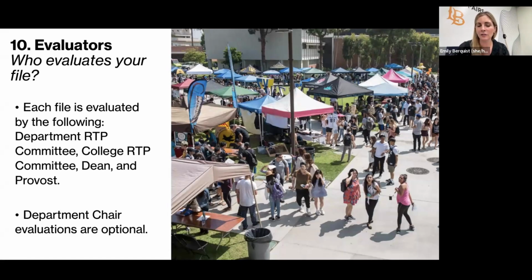But you may also have a situation, as we heard about the last time we did this workshop, where the department chair is serving on the department RTP committee. In that case, the department chair is not allowed to write a review of you. But that's not going to hurt your file. That's why department chair evaluations are optional.